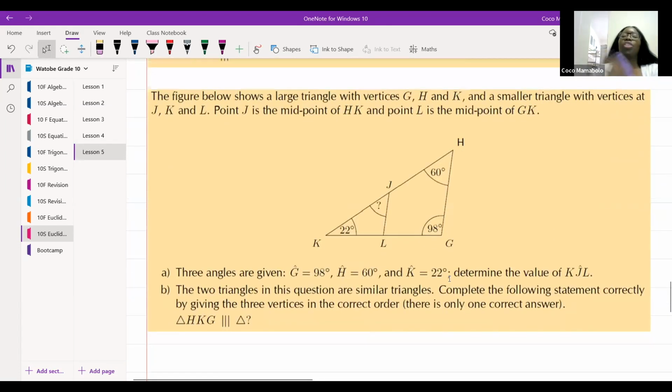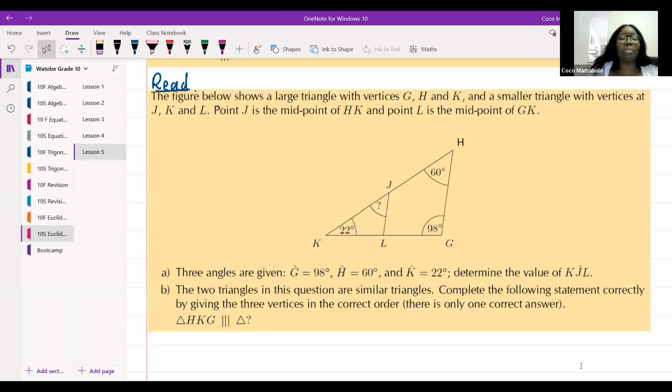Now I want you guys to figure this out all on your own. I'm not going to say much. Read the information that you've been given. Read this part here. It says, the figure below shows a large triangle with vertices G, H, and K, and a smaller triangle with vertices at J, K, and L. And then it starts giving you all of that stuff.